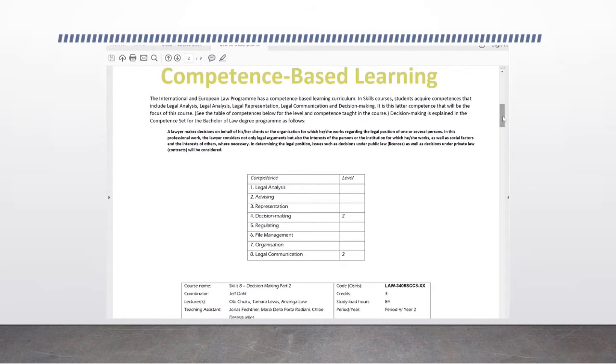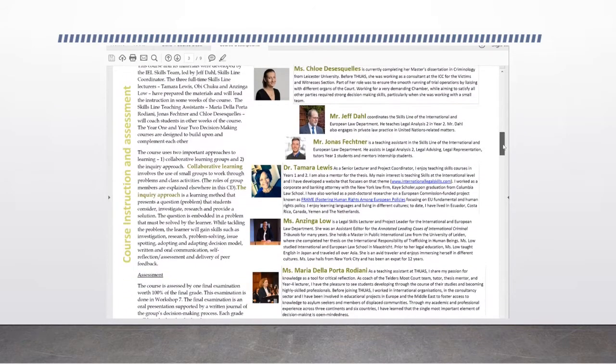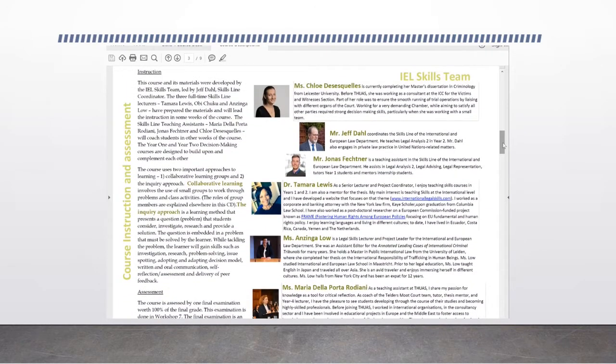This is a competence-based learning curriculum, and decision making is one of the 8 competences that is taught in our bachelor degree program. We designed this course to be both a course for year 1 and year 2.